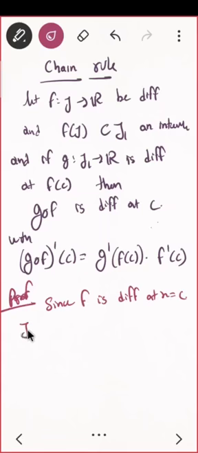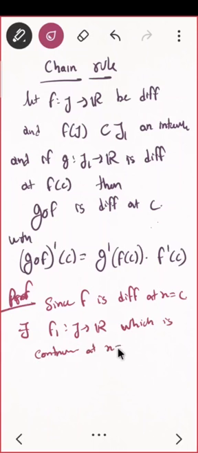That means there exists a function f1 from I to R, which is continuous at c, by the definition only, and also f of x is given by f of c plus f1 of x multiplied by x minus c.